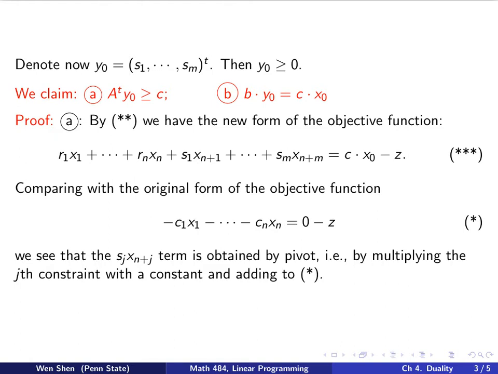Why? Where do they come from? Well, these terms are obtained by pivoting. During the pivoting process, we multiply some constraint by some constant, and then we add it on top of the original form of the objective function, and then we get these terms, which are not here.